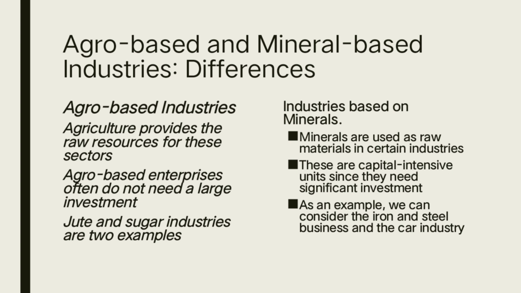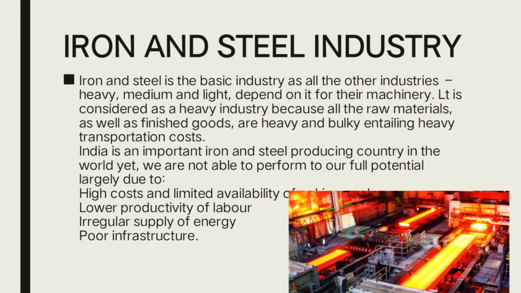Agro-based industries often do not need large-scale investment, whereas the capital investment is significantly high in the mineral-based industry. Jute and sugar industries are examples. Iron and steel industry and the making of cars is another example.